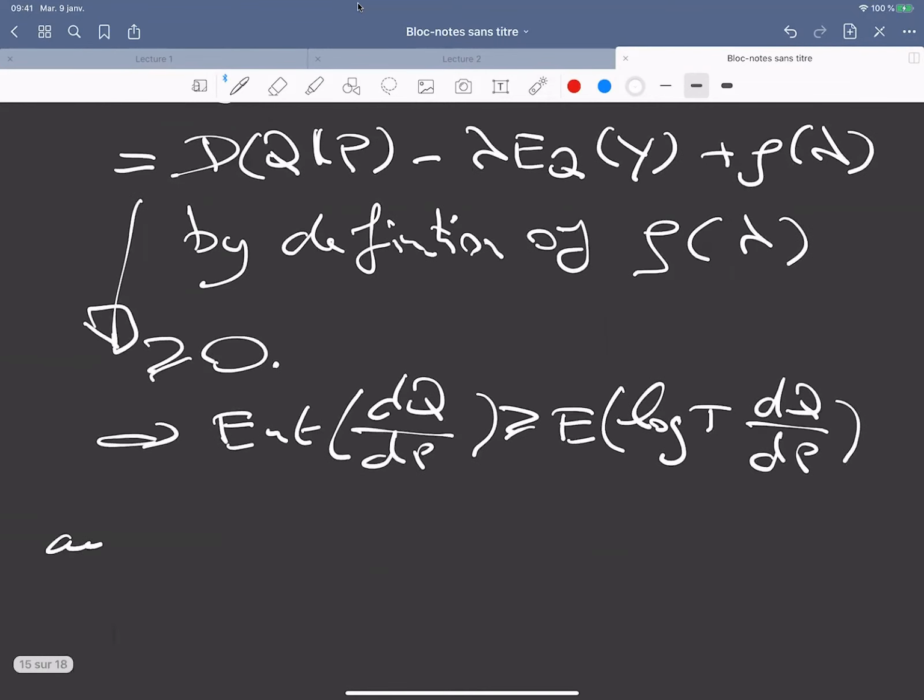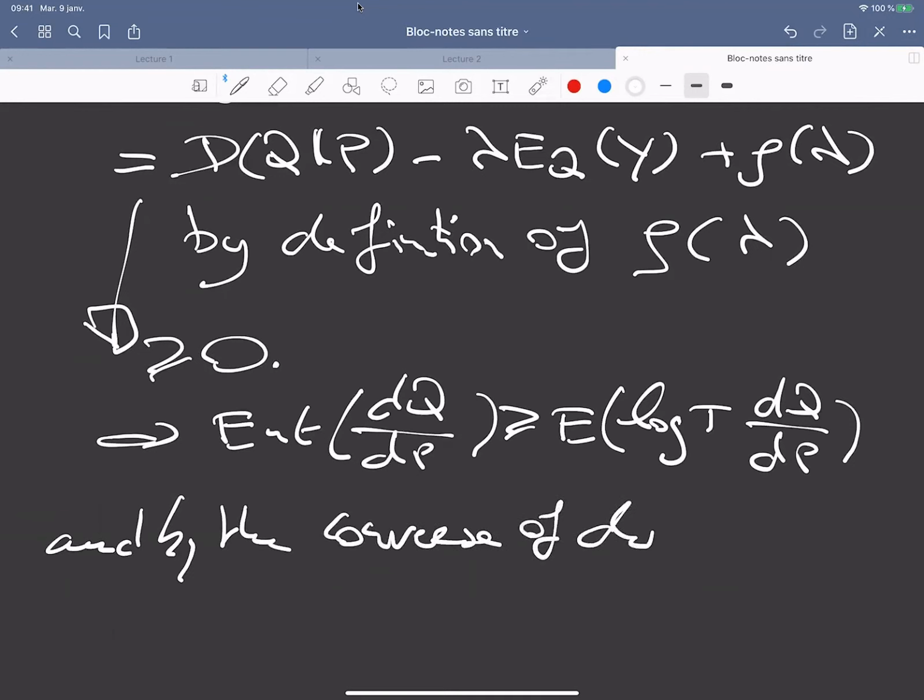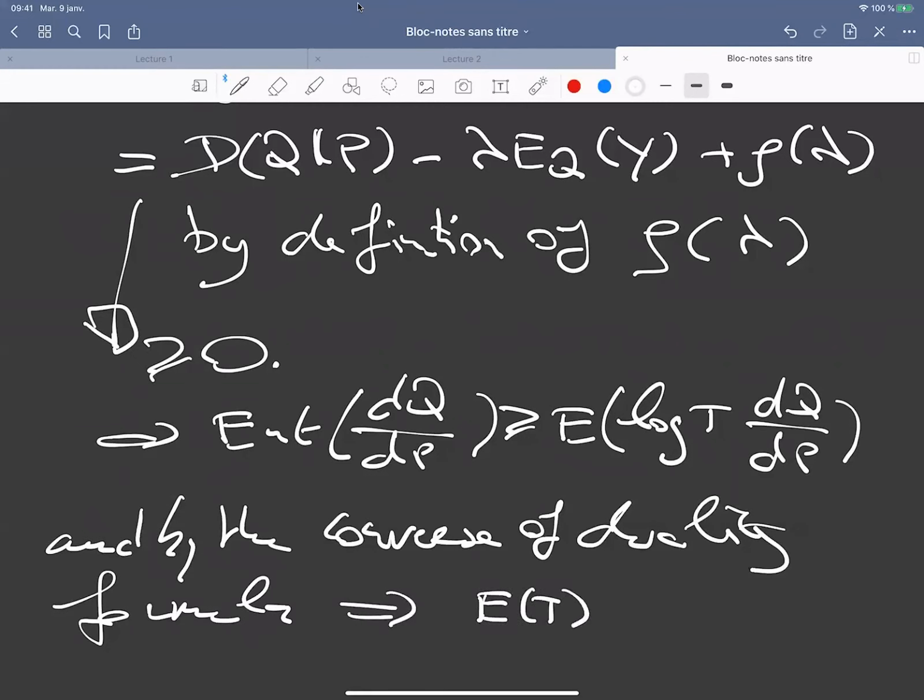And by the converse of duality formula, this implies that the expectation of t has to be less than 1.